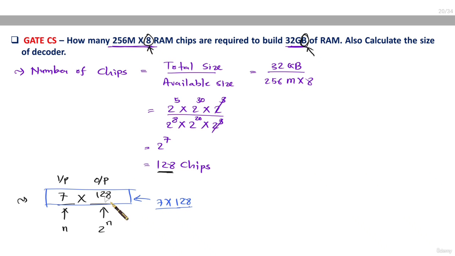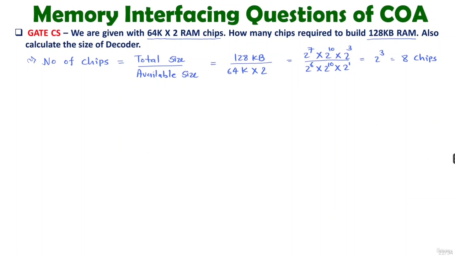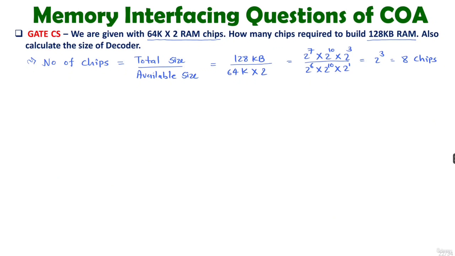So directly we can say number of chips is equal to the output of the decoder. But here, the required chip has data lines of B, that is 8 bits, while the available RAM chips have data of 2 only. So how to handle that? For that you need horizontal expansion as well.